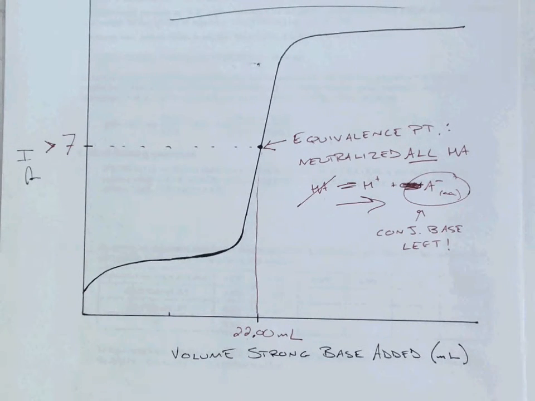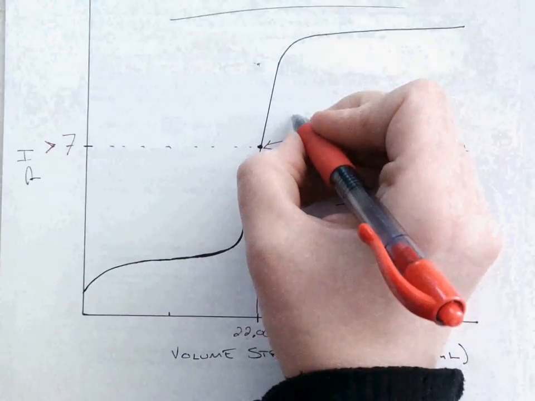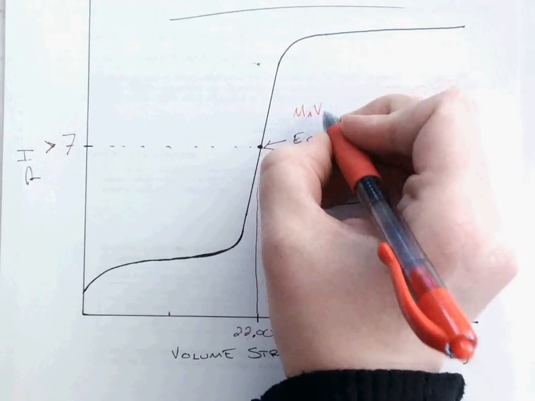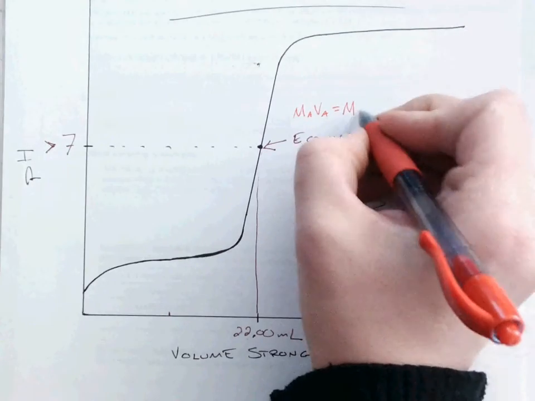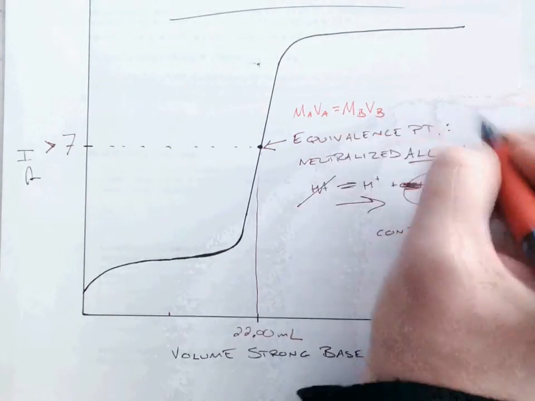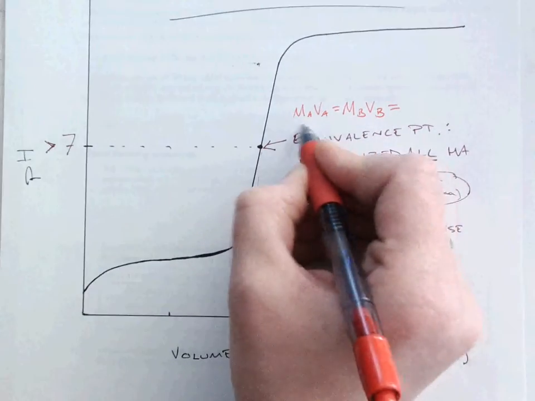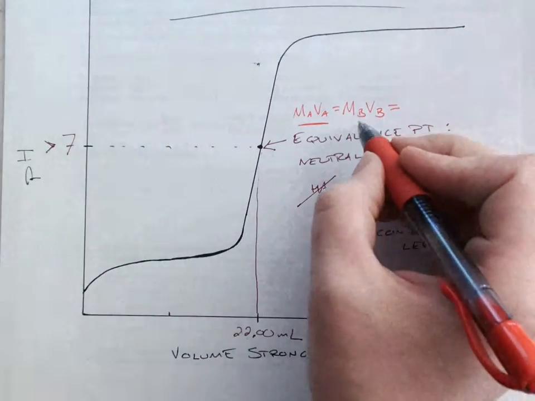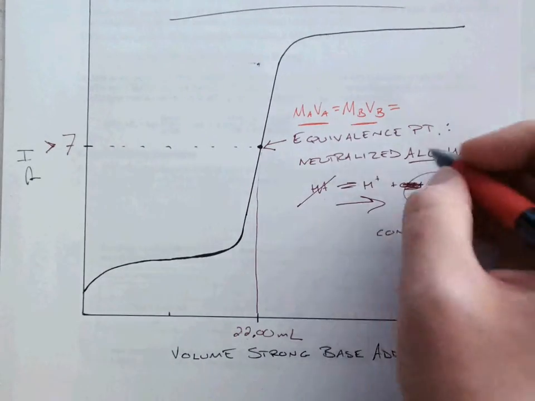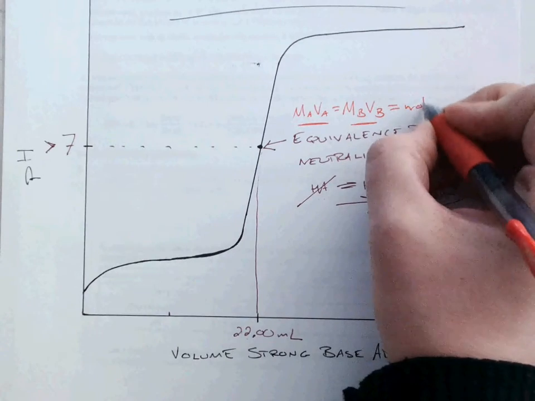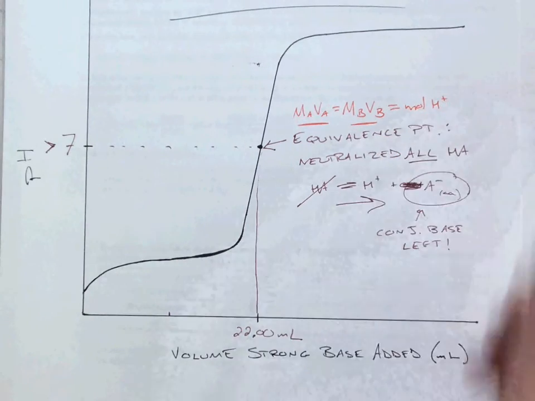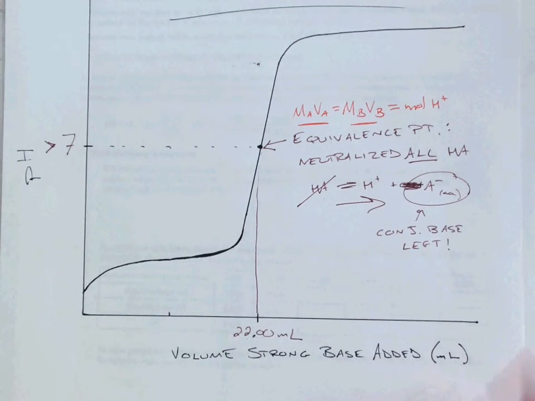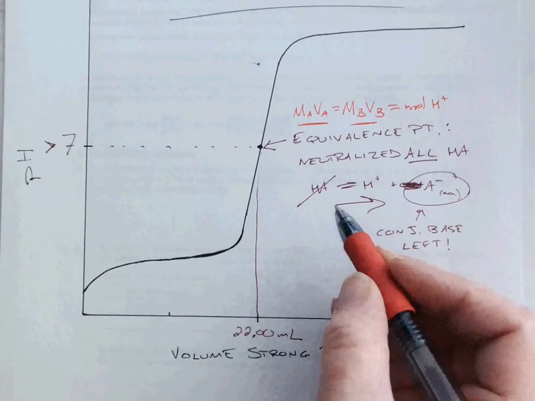So this is something else that's important to know about the equivalence point. At the equivalence point, you can use the titration equation. You can use either MAVA or MBVB to find the moles of H plus. I said H plus for this one because we're doing a weak acid.